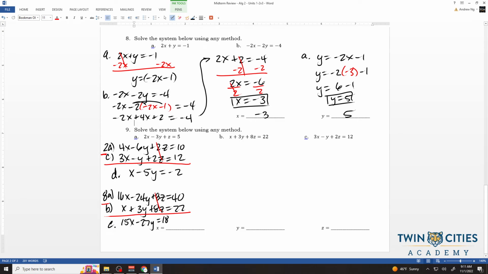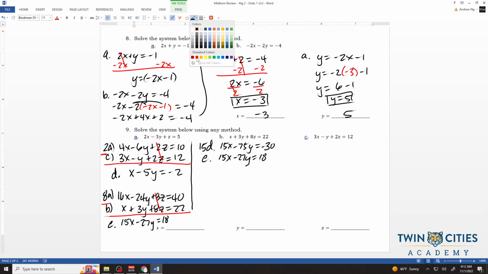So that's going to be 15D and then E. So 15D is 15x minus 75y is equal to negative 30. And E is 15x minus 27y is equal to 18.